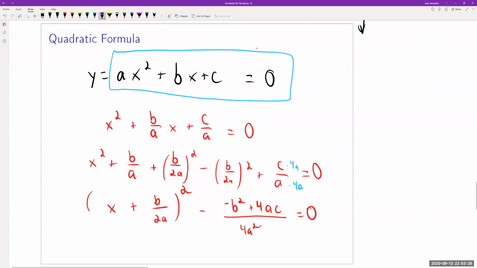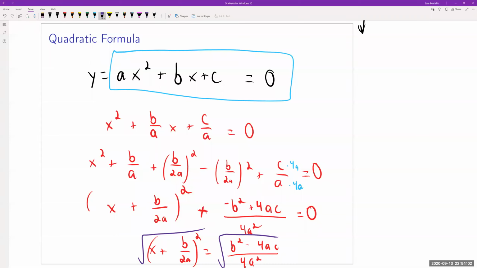From here, I'm going to isolate the part on the left with x so that I can take a square root. x plus b over 2a squared is going to be equal to, this should be a plus here because I brought the negative over. That means this will be equal to b squared minus 4ac over 4a squared. I'll then take the square root of both sides.